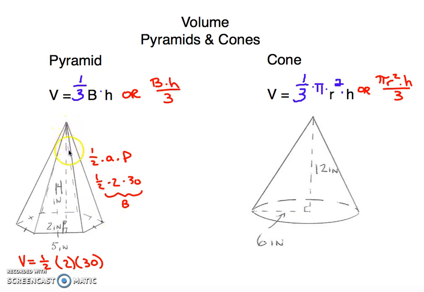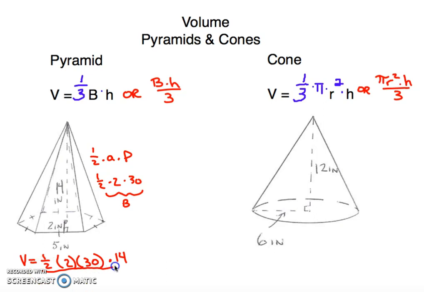When you drop it down, it has to go to the middle of the base. That's what you need for volume. So in this case, our height right here is 14. And then we're going to take all of this, multiply it by 14, and then divide it by 3.